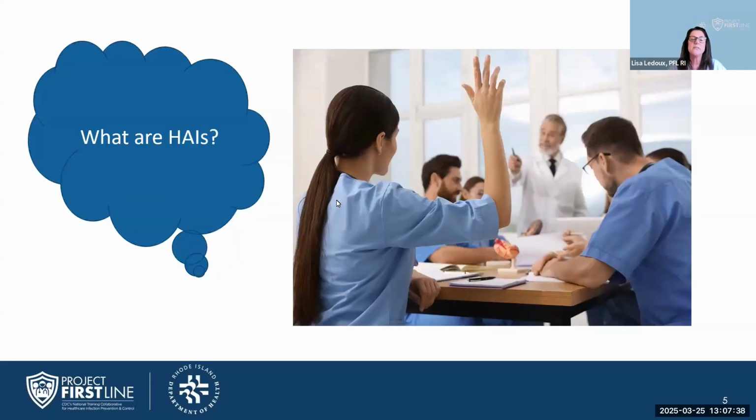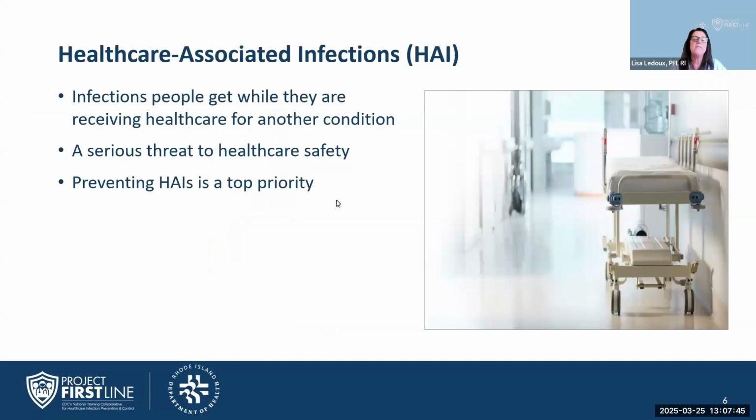So let's start with understanding what are HAIs, healthcare-associated infections. They are infections that patients get while they are receiving healthcare. No matter where you are, whether it be in a hospital, a long-term care facility, outpatient surgery center, dialysis center, or a primary care office, you are at risk for these infections. To develop an infection, germs must somehow enter your body. Healthcare procedures can expose you to germs that cause HAIs.